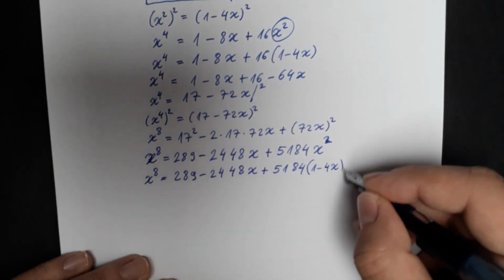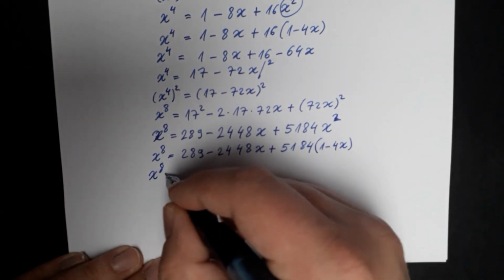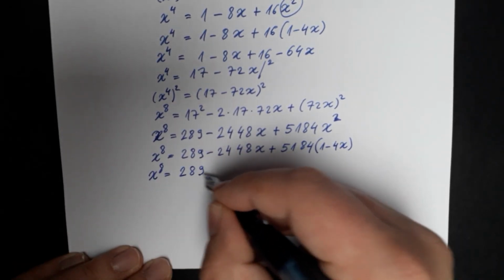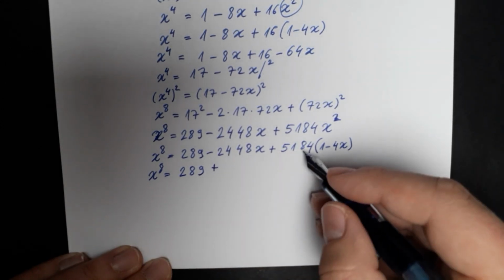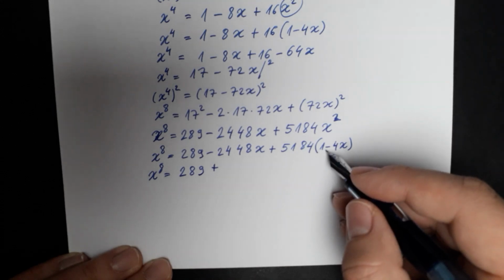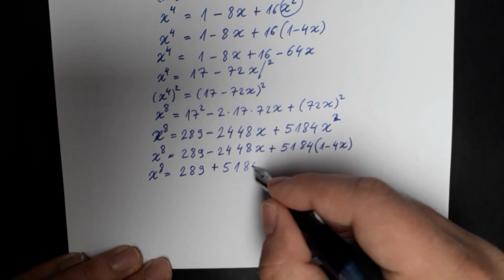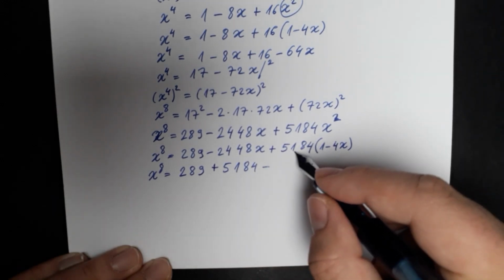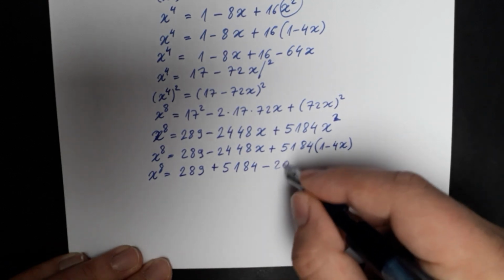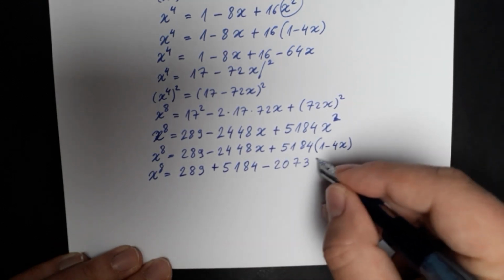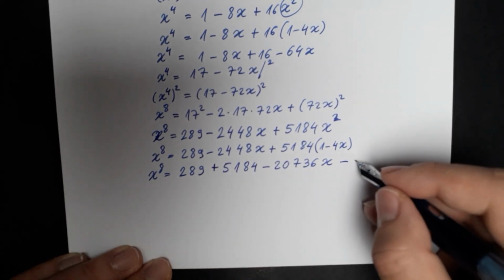So that is the fact which we are going to use now. x to the 8th power is then equal to 289 plus 5184 multiplied by 1, that is 5184, minus 5184 multiplied by 4, that is 20,736x, and minus we have here 2448x.